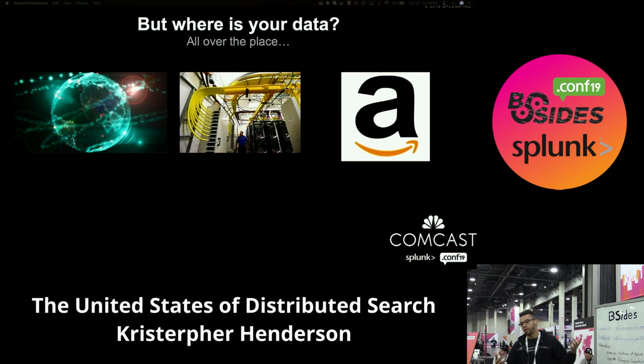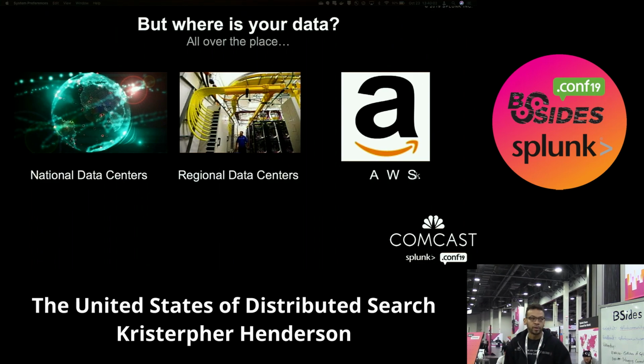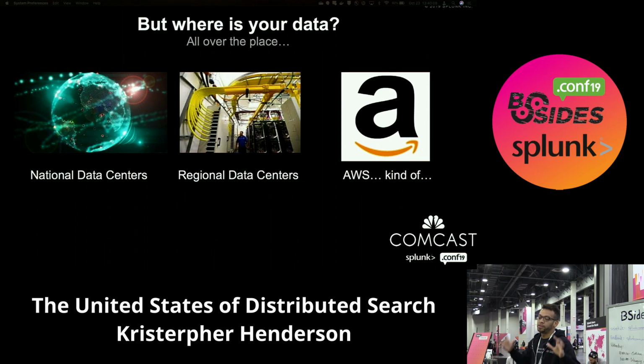So where is it? We do distributed search at national data centers. We do them at regional data centers. And we do it in AWS, and I'll explain that in a moment. So we have major data centers across the United States, and we have indexers there. Our entire search cluster is connected to each one of those data centers with the indexers, along with the regional data centers.